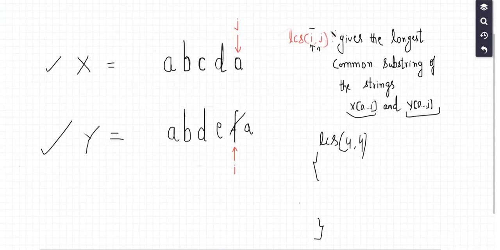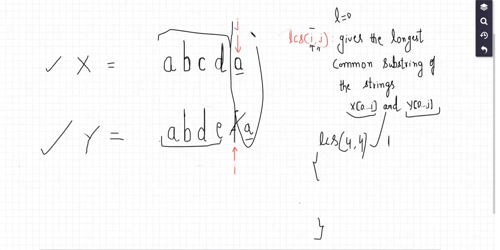Initially the length of the substring I will put as 0. So when I'm calling this function, the length of the LCS is 0, but since I find a matching character, the length will increment by 1, and I will call the same function on these substrings a b c d, a b d e, because I have already found the last character of the LCS, which is a, because it is matching.